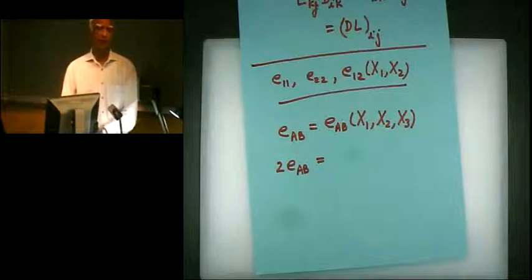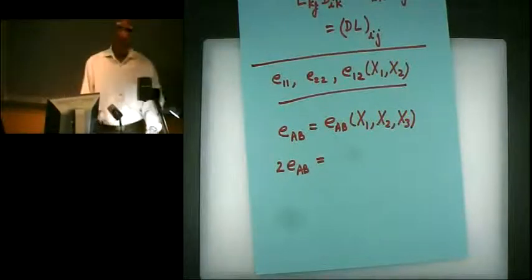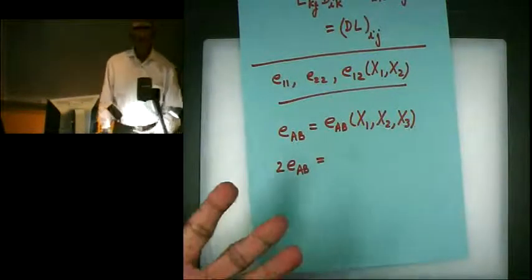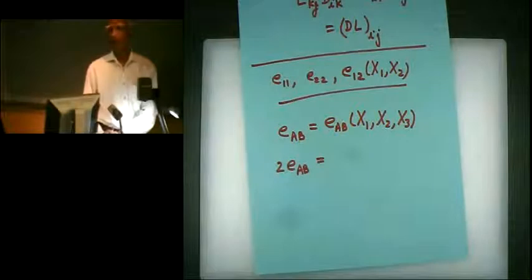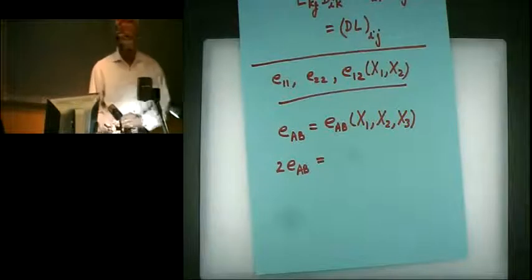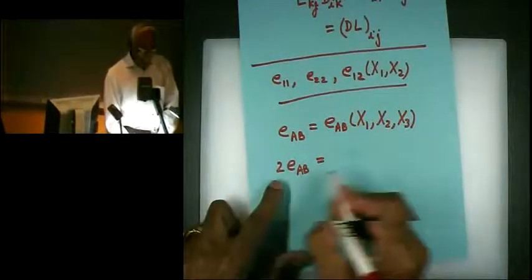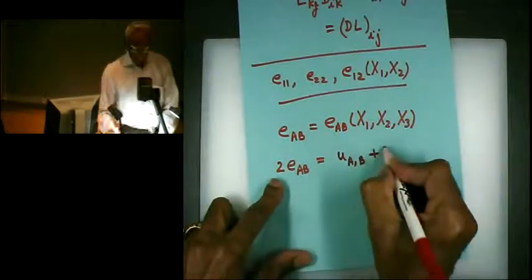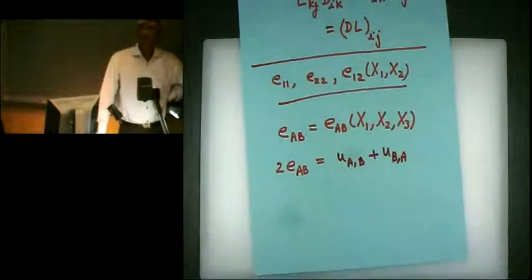If you measure the velocity field, then there is nothing for me to say. So let's assume that you measure the strain rate field. The analog of strain in a small deformation solid mechanics problem is the strain rate in the fluid mechanics problem. The analog of displacement is velocity in the fluid mechanics problem. So we have u_a,b plus u_b,a.